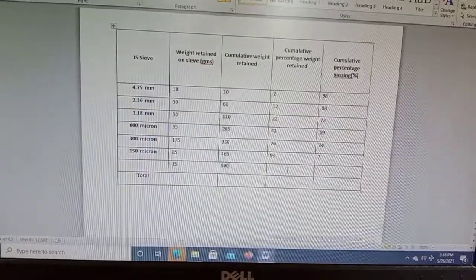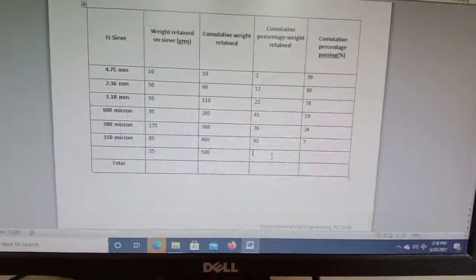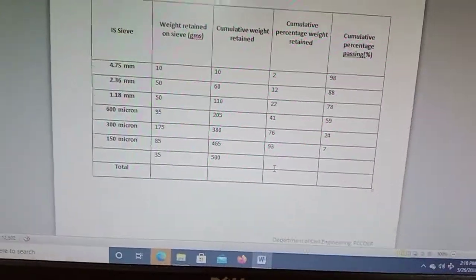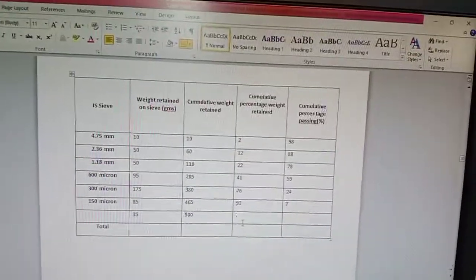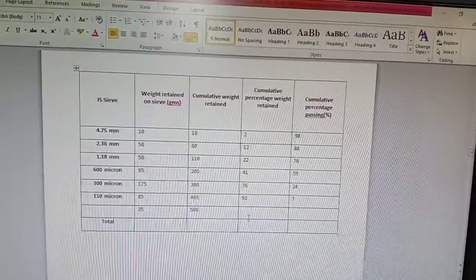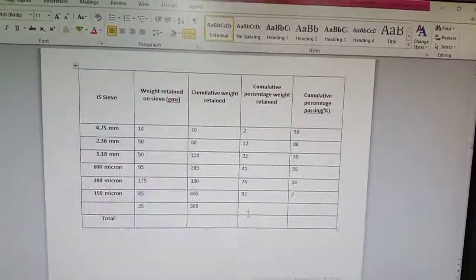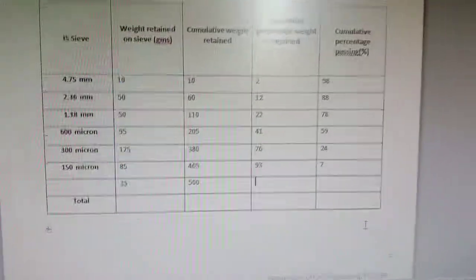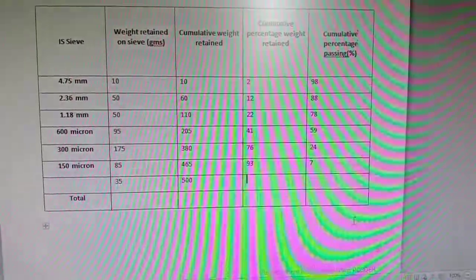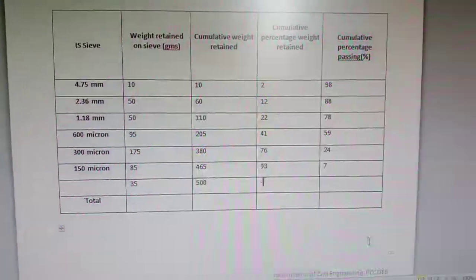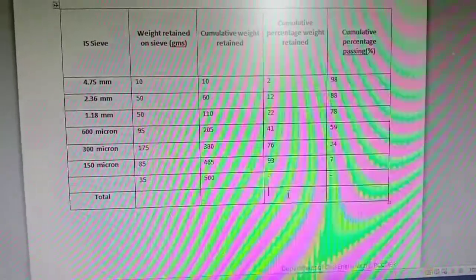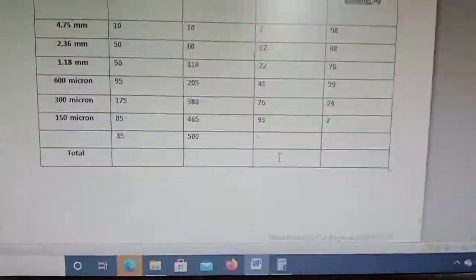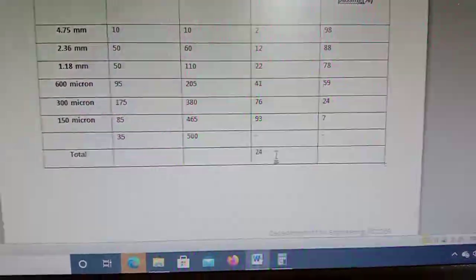For the total cumulative weight retained percentage, here it will come dash, because we are not considering material less than 150 micron. So here total cumulative percentage will be 246.